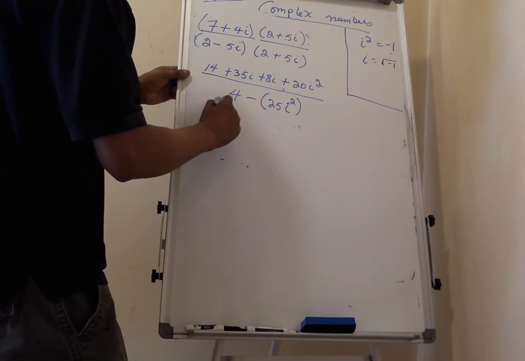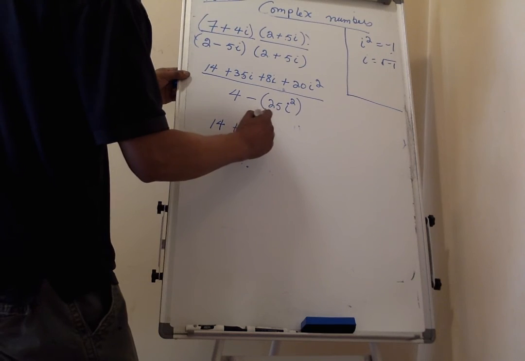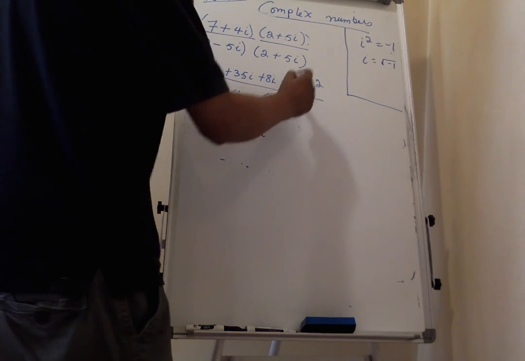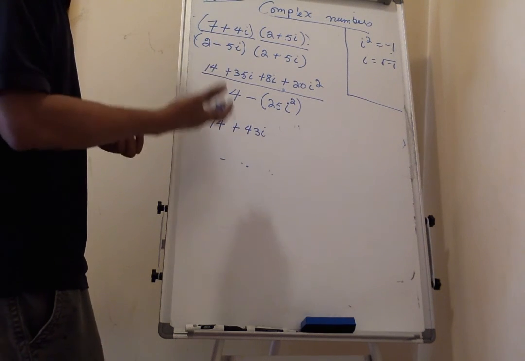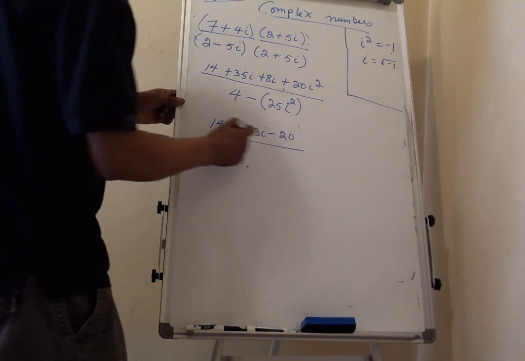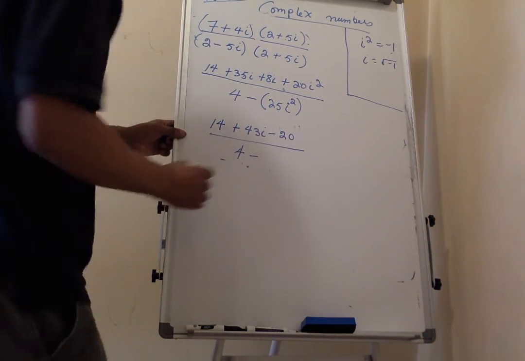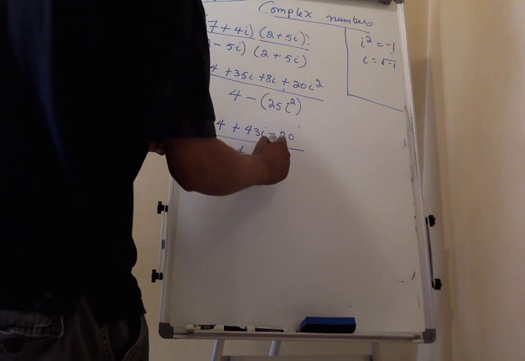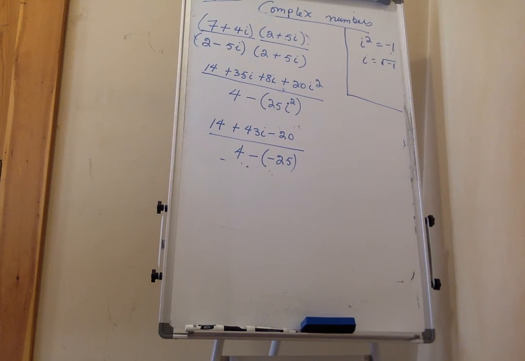Okay, so 14, 35 and 8 gives me 43i, and 20i squared would be, i squared would be negative 1, and negative 1 times 20 gives you negative 20. Over 4 minus, now you have what? Negative 25, because i squared is negative 1.